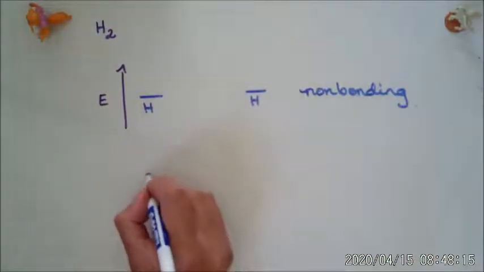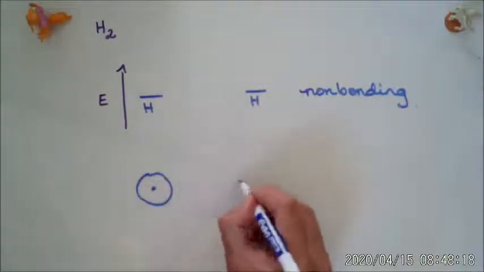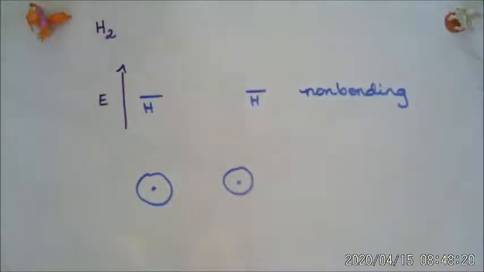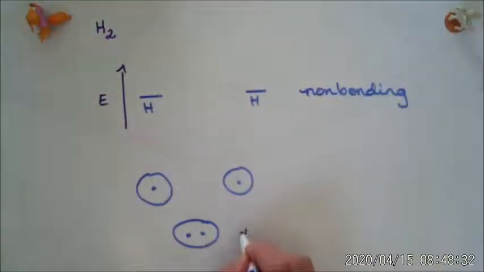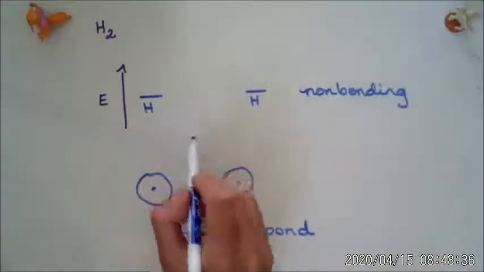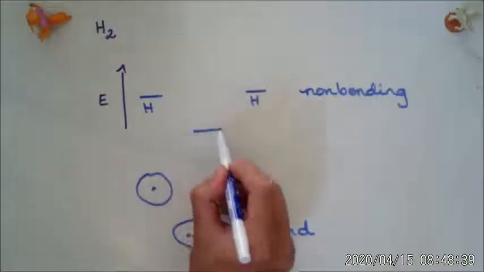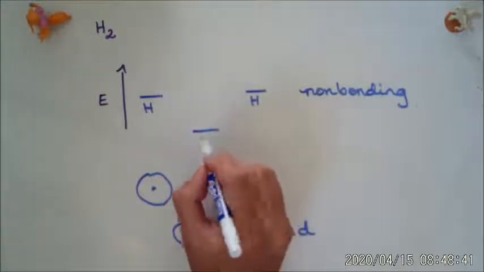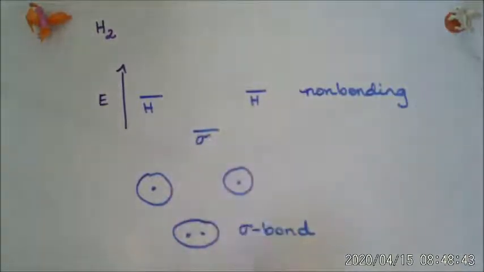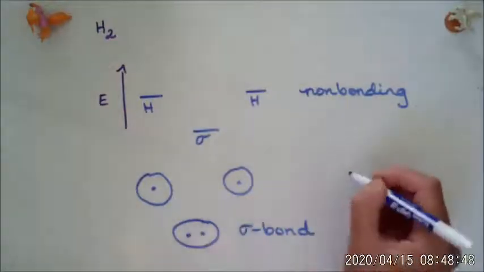Let me draw it here. Okay, so when they are the same phase and you bring them close together, almost like a piggy, right? You bring them close together, then you form your sigma bond. Okay? So you bring them close together and you have basically your sigma bond.